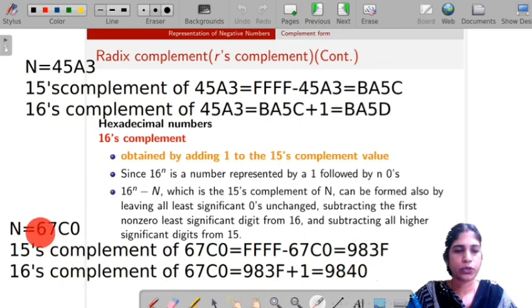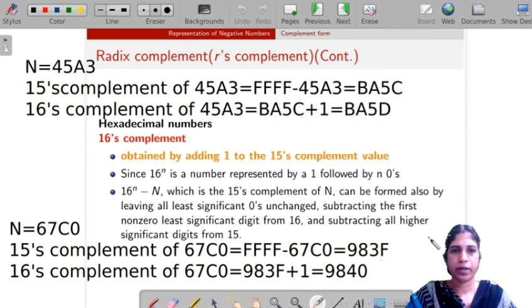The next two digits are subtracted from 15. 15 minus 7, 8. 15 minus 6, 9. So 9840.